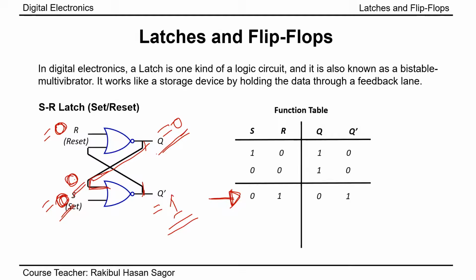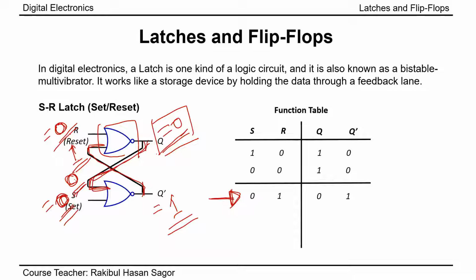This 1 will appear at the second input of the upper NOR gate. So here this 1 will appear. 1 and 0 will give me an output q equal to 0. So q equal to 0 also doesn't change. So this 0 again will appear here, 0 0.